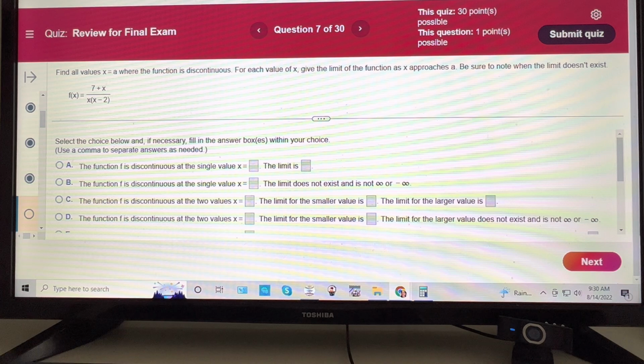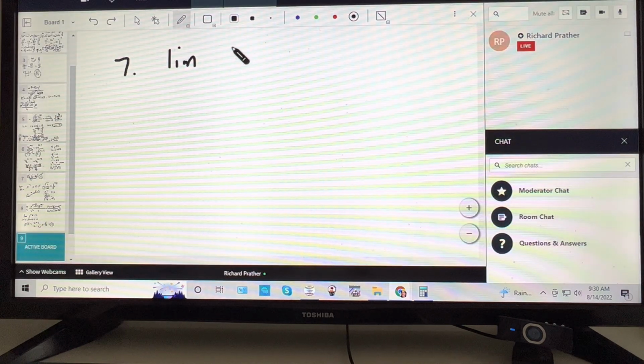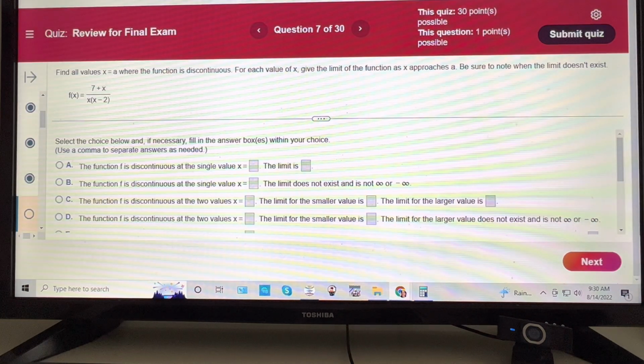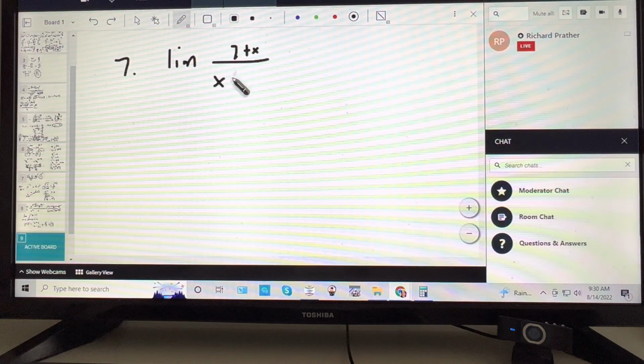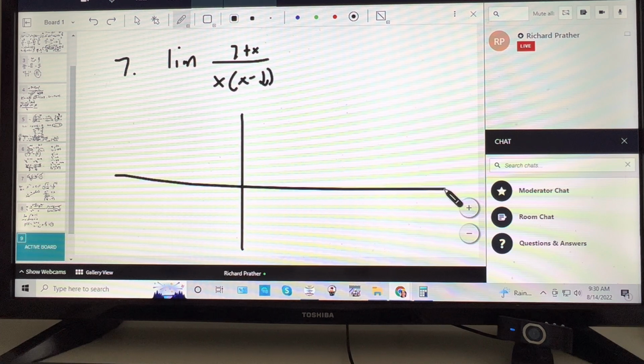So we've got 7 plus x over x times x minus 2. So we have 2 vertical asymptotes. One is 0 itself. The other one is 2.